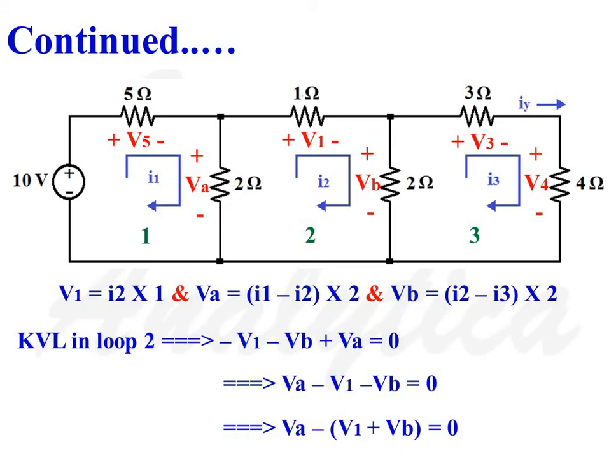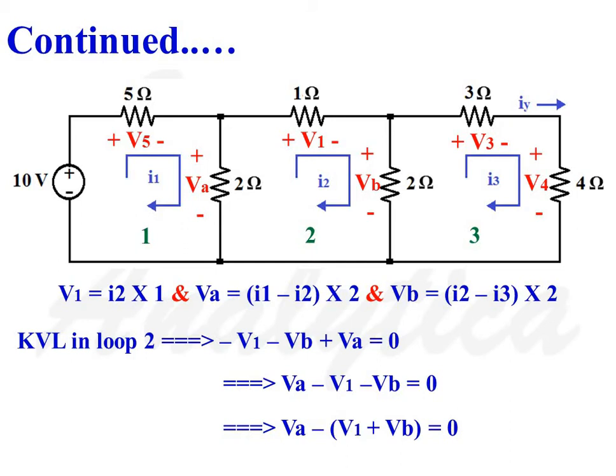V1 is equal to I2 into 1 and VB is equal to (I2 minus I3) into 2. Applying KVL in loop 2. Let us consider VA first. In the clockwise direction, as we move from negative potential to positive potential, VA should be taken as positive, so plus VA.